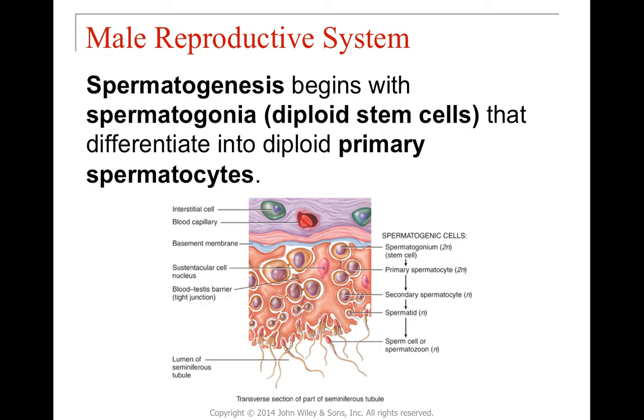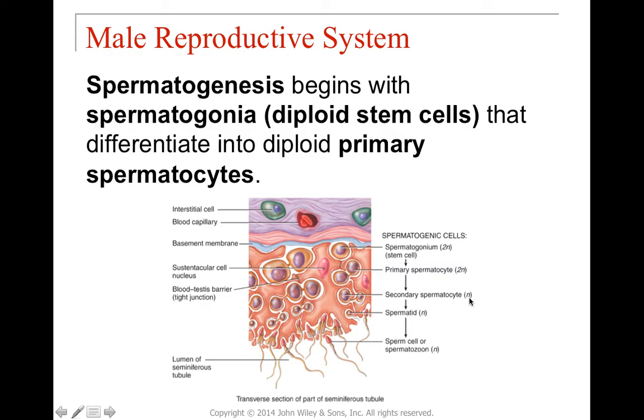We just want to say it's a full set, which would be 2 of each, or it's half of a full set, which would be 1 of each. And that's what that 2N and 1N is representing. So when I say diploid, I mean 2N, meaning we have 2 copies of each. And that's what happens here in the stem cell and here in the primary spermatocytes. But we have to have another division that gets us down to N, and is going to be haploid.